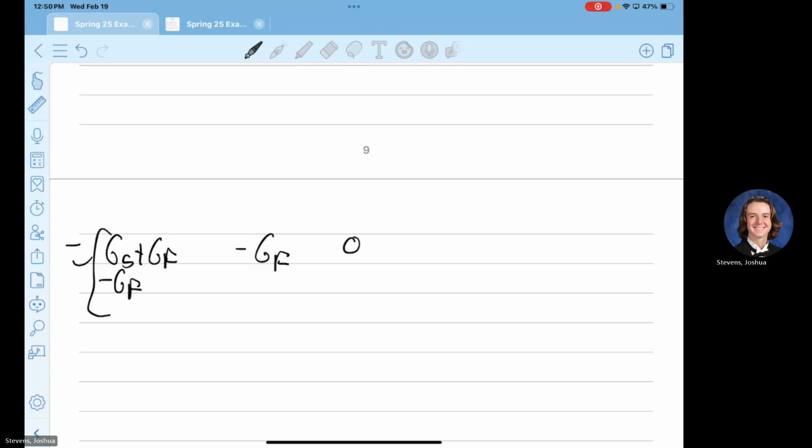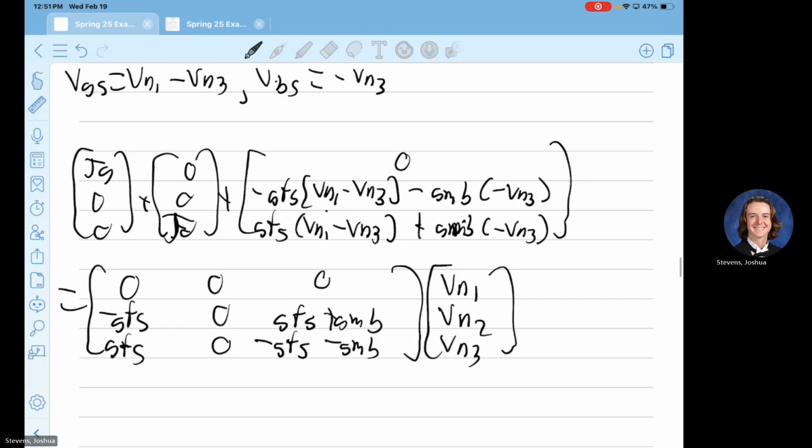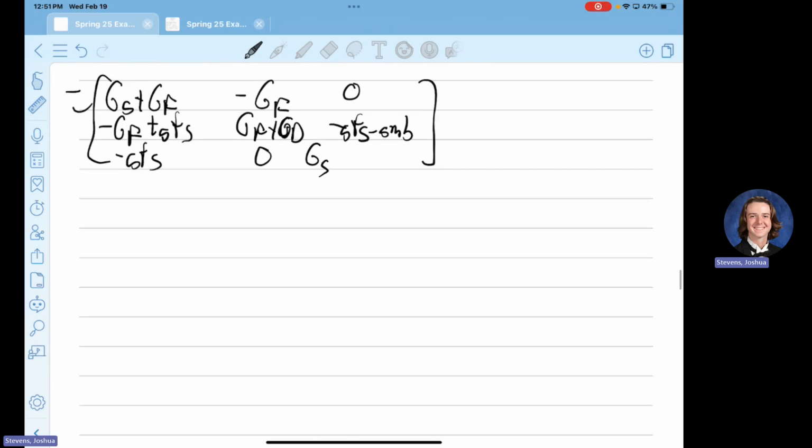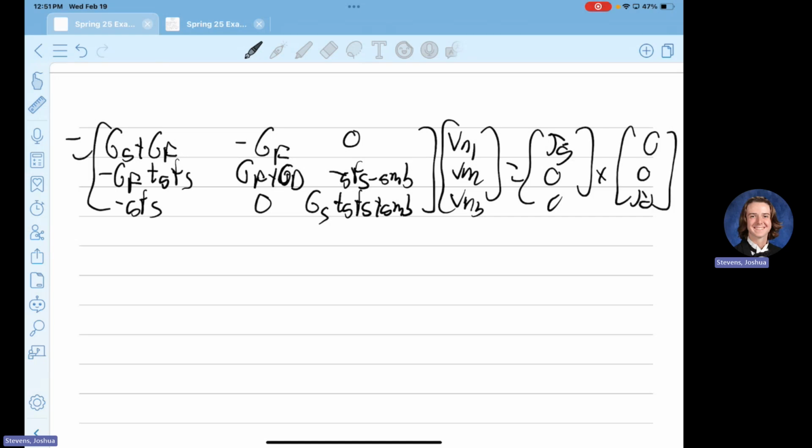Negative GF plus GFS, GF plus GD, negative GFS minus GMB, negative GFS, 0, GS plus GFS plus GMB, times our nodal voltages VN1, VN2, VN3 equals J's G00 plus 00J0. We good? Cool. I'm just going to put in the numbers.